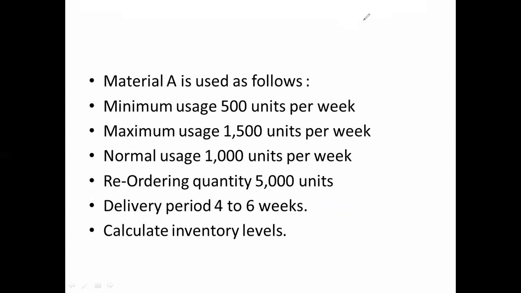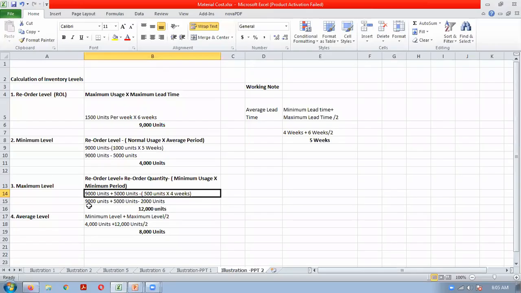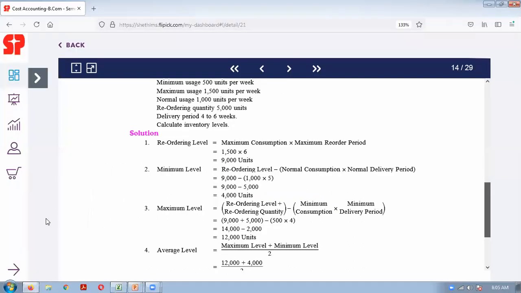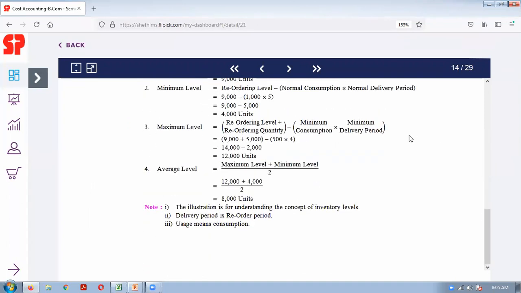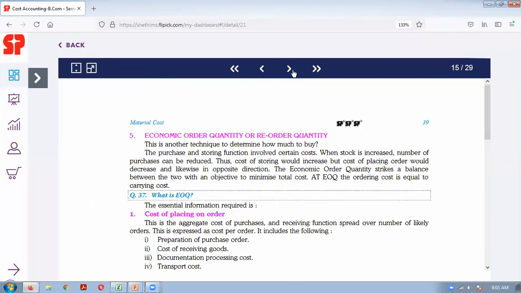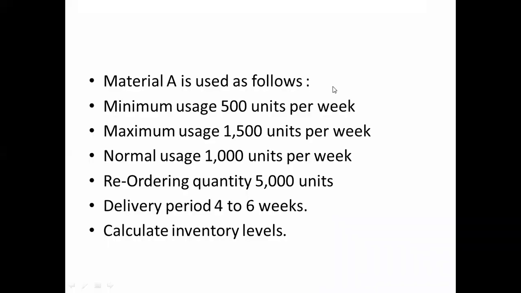Clear? So all the important levels we have calculated here: reorder level, minimum level, maximum level, and average level. Clear?